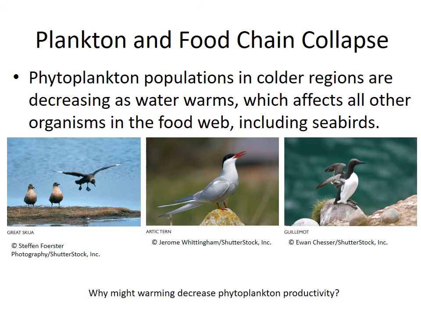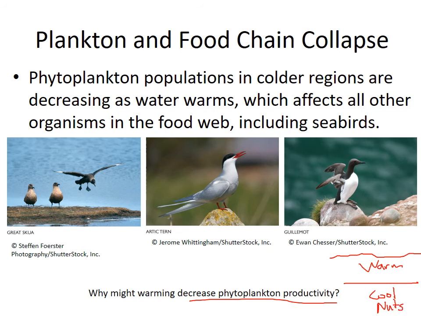And that can mean that these valued higher organisms in the food chain are suffering for lack of a food source. And one of the reasons that changes in seasonal patterns and warming might decrease phytoplankton productivity is due to an increased period of stratification in the summertime, where there is warmer water on top of cooler water, and the cool water is where the nutrients are.